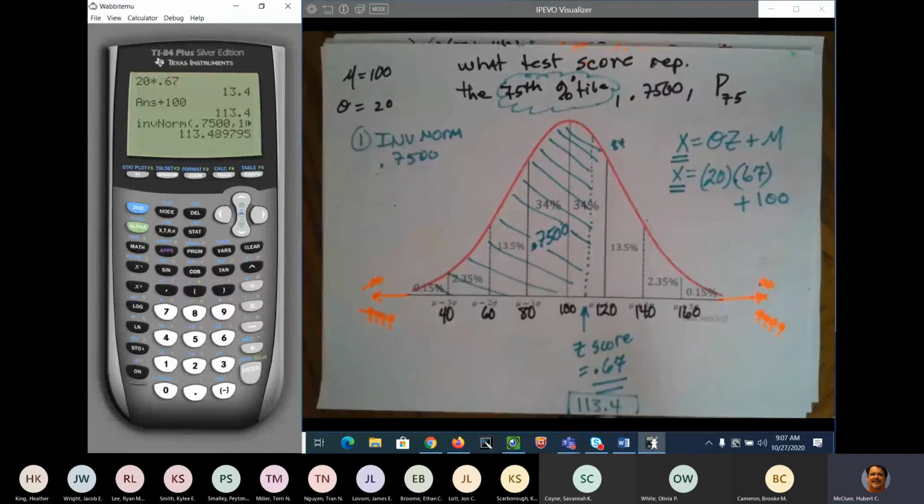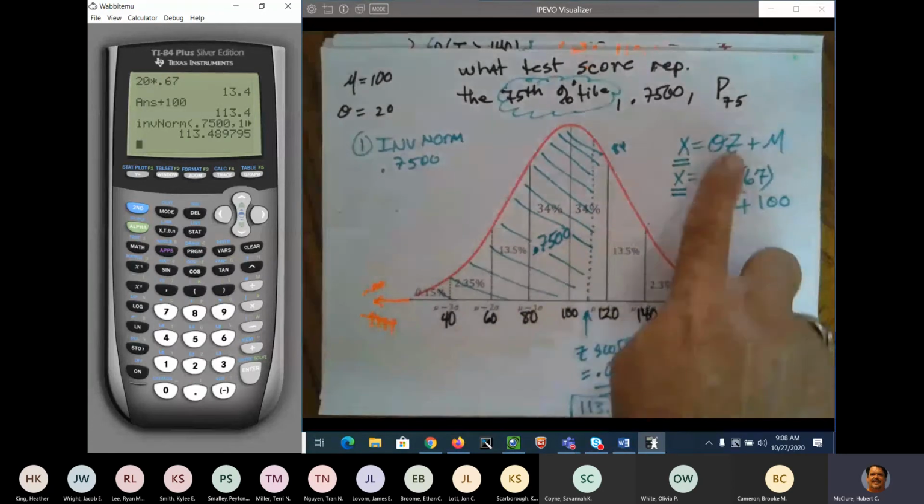If you don't have a newer calculator, then you're going to have to find the z-score and plug that z-score into σz plus μ.